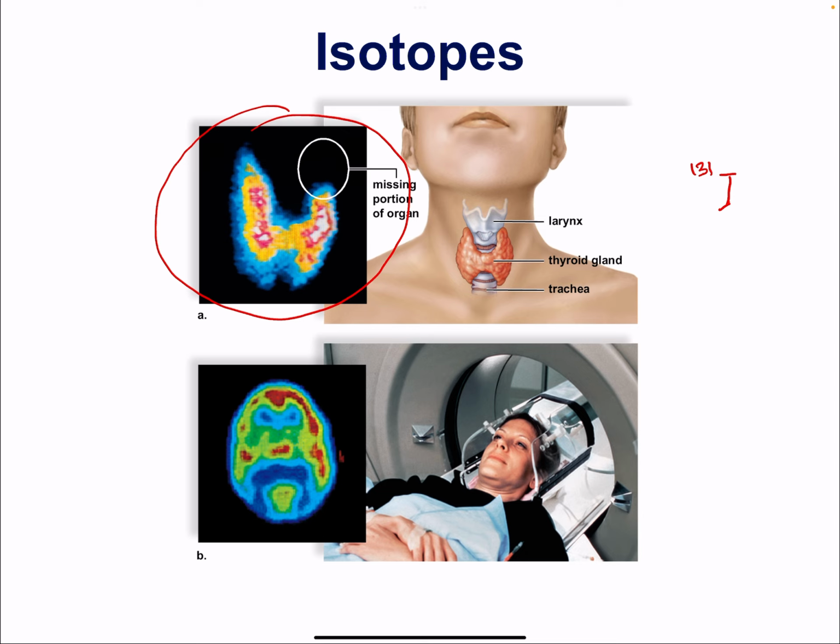Nevertheless, we are going to use the radioisotope as a tracer so that in this little corner right here, we see that we are missing a portion of the thyroid gland. We are missing that portion because the patient has a cancer.